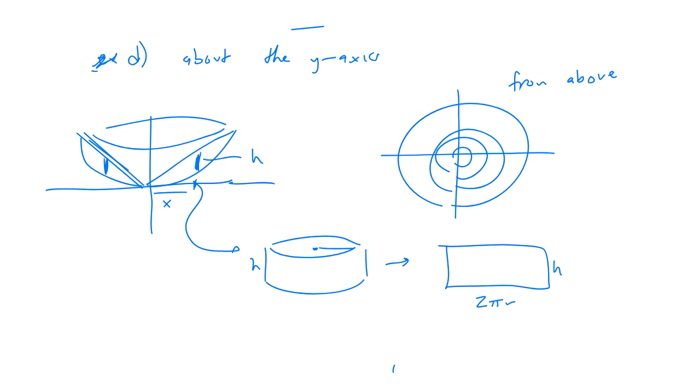So our base area formula will be 2 pi x times the height, which is the top function minus the bottom function. And then we integrate over the region, which in this case, again, will be 0 to 2.